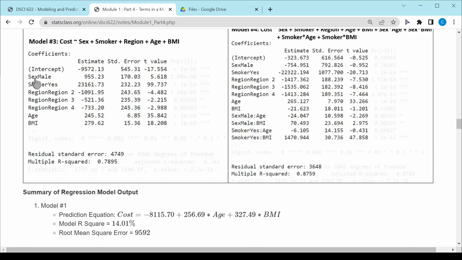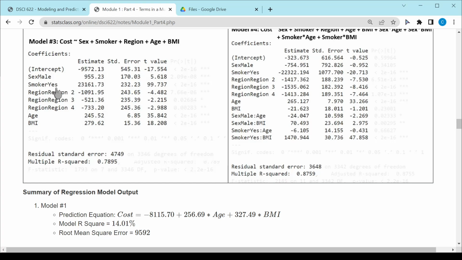What that means is that sex female was the 0 setting for my dummy term. The sex male was my 1 term. Okay, that is being expressed as a 1 in my dummy term. So anytime that I am going to make a prediction for a male, I need to add this estimate into my equation.